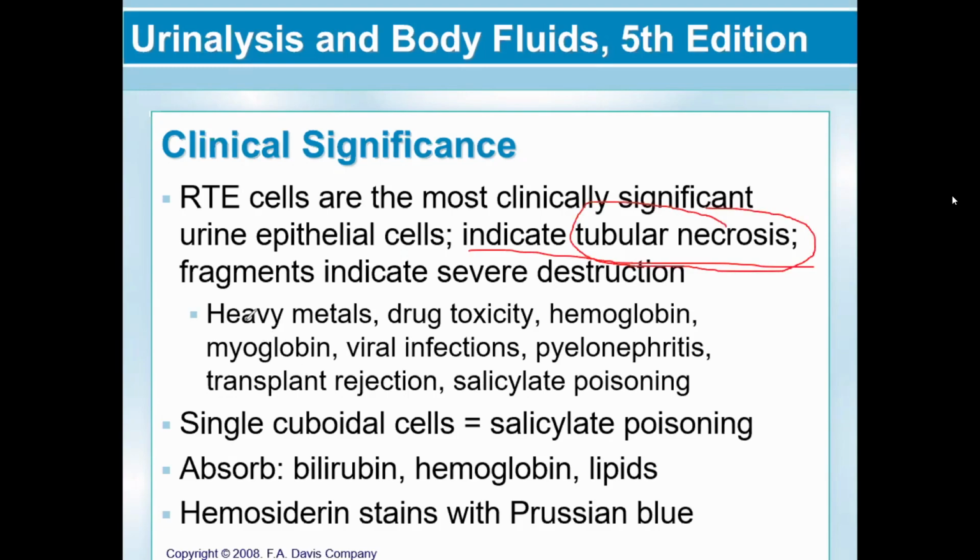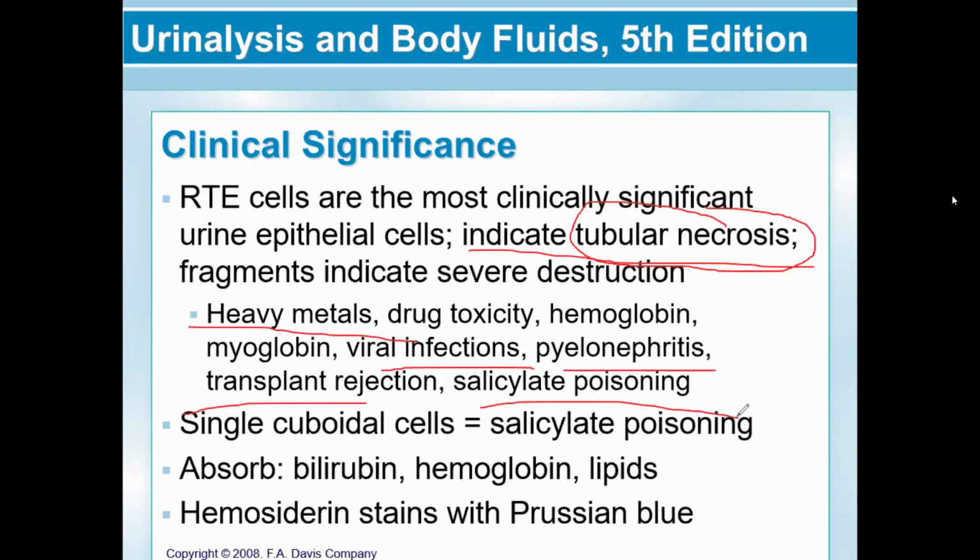Or for example, exposure to heavy metals or drug toxicity. So they can cause now tubular necrosis. Or other causes, we have your viral infections, pyelonephritis, or your upper UTI, transplant rejection, and salicylate poisoning.